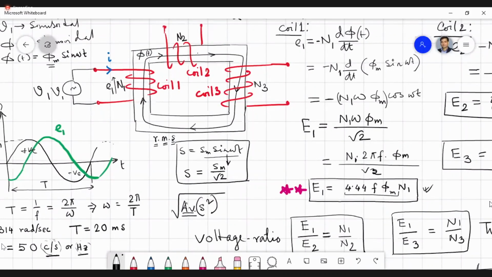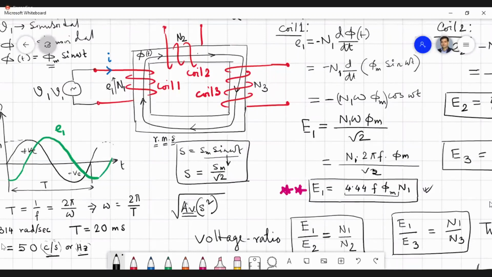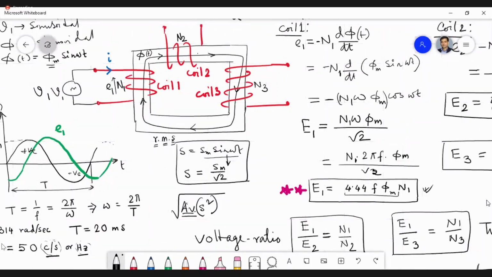That is not correct. For power and energy, we should consider one more thing, that is the current. Voltage into current gives us the power, and power into time gives us the energy for electrical systems.